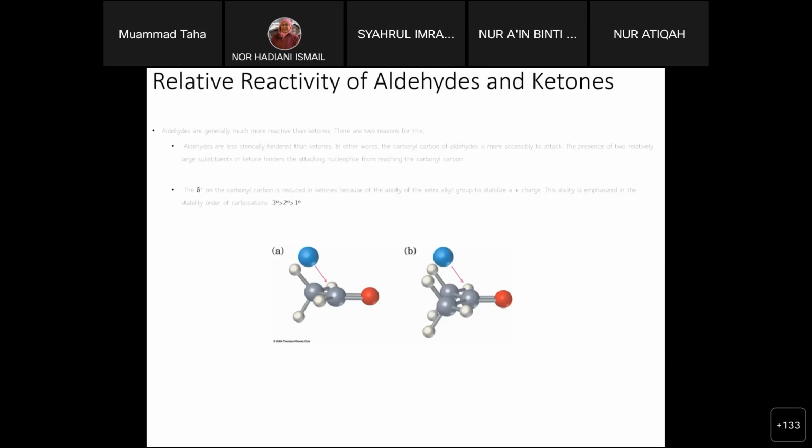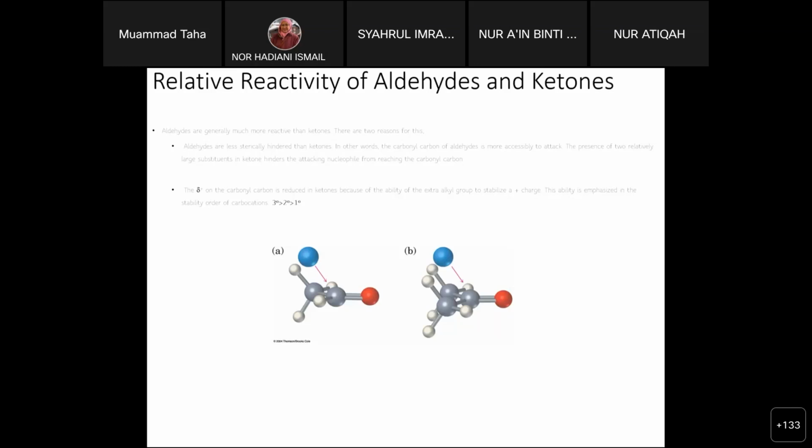The aldehyde is always at the terminal of the open chain; it cannot go inside the chain because of its shape. So it always has only one carbon attached to it. Because this carbon is slightly positively charged, there is only one carbon to stabilize it.